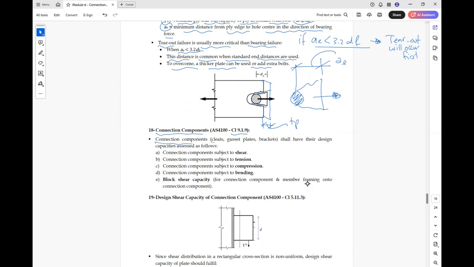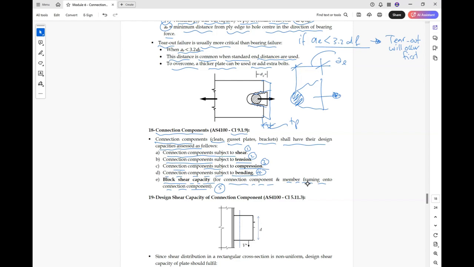Connection components like cleats, gusset plates, brackets, the pieces connecting the two elements together, shall have their design capacity checked for the following: connection component subject to shear, connection component subject to tension, compression, connection component subject to bending, and finally block shear capacity for connection component and member framing into connection components. So these are the modes of failure for the component itself.